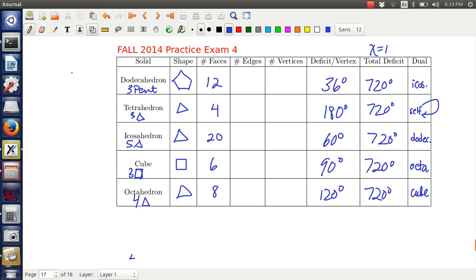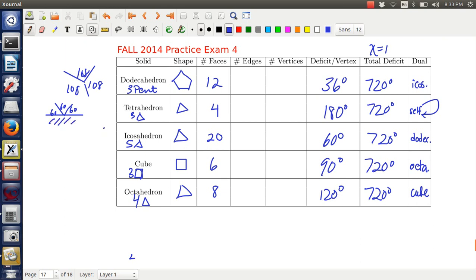So again, the dodecahedron looks kind of like 108, 108, 108, if you look down on it. The tetrahedron is going to look like 60, 60, 60, and all this stuff is missing.